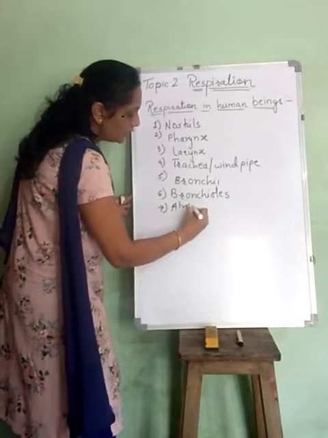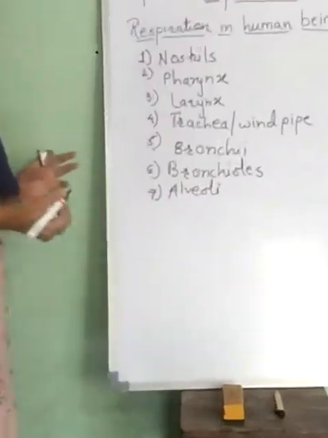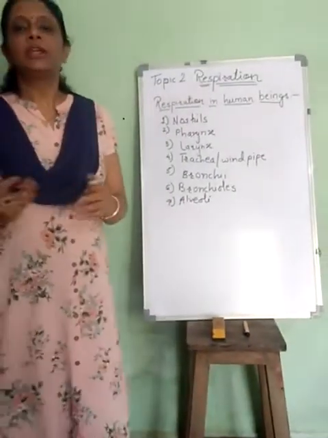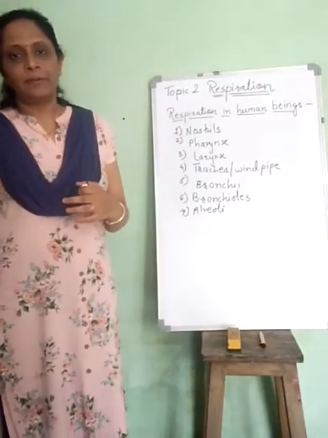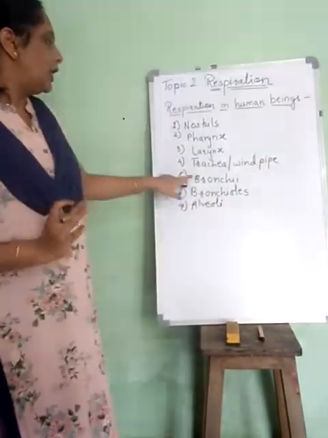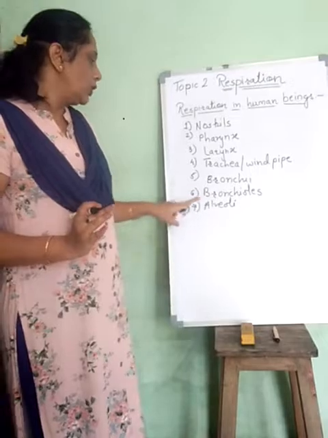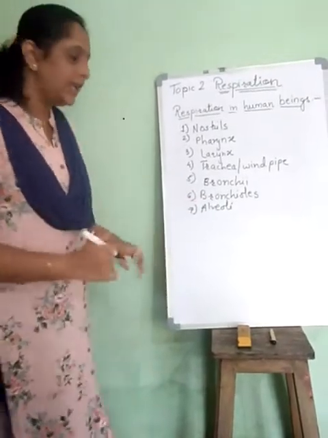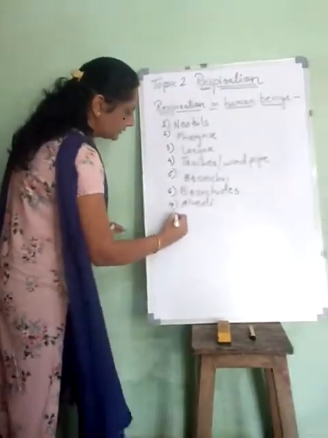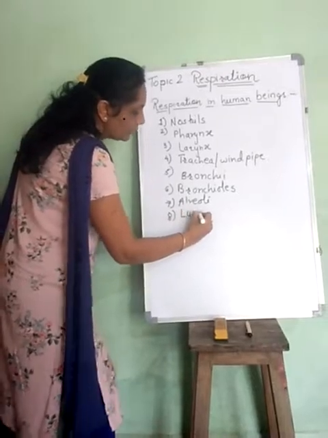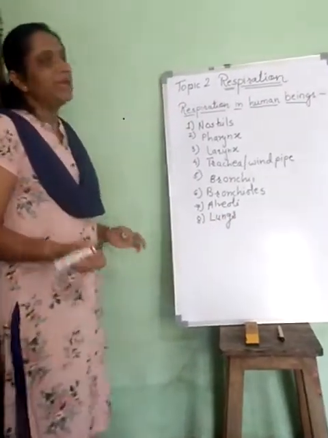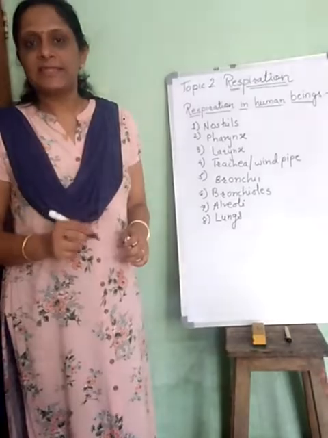These small sac-like structures exchange gases with the blood in the lungs. So the bronchioles and the alveoli are present inside the lungs. These are the different parts of the human respiratory system.